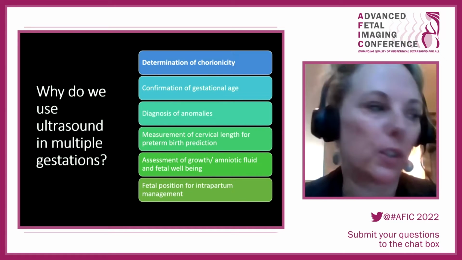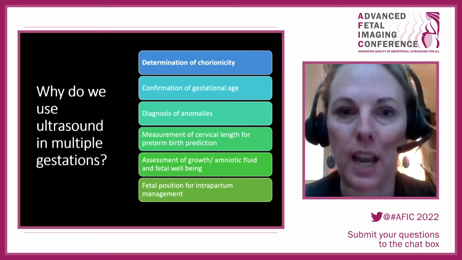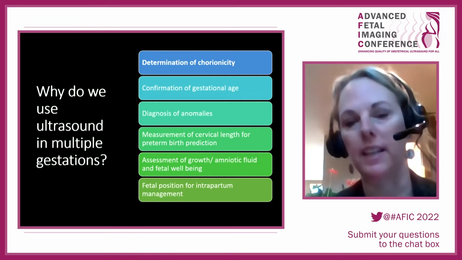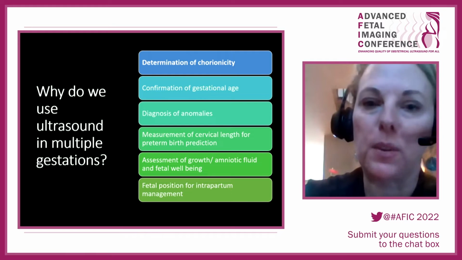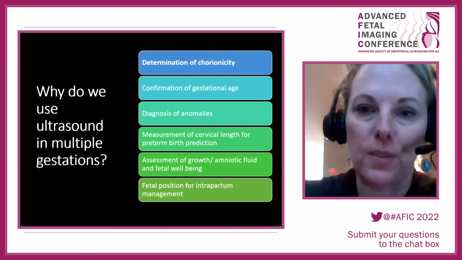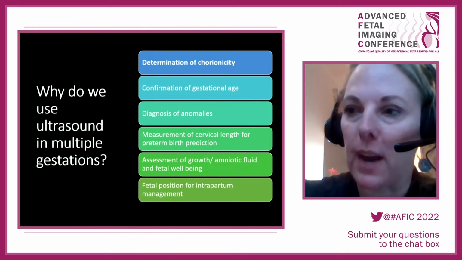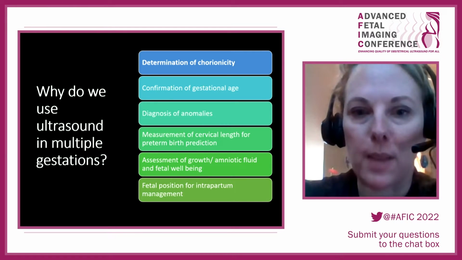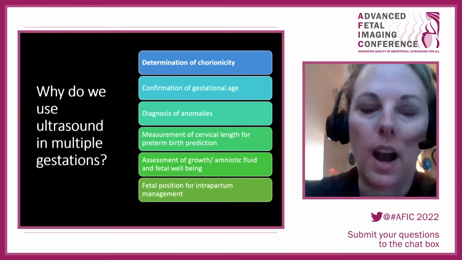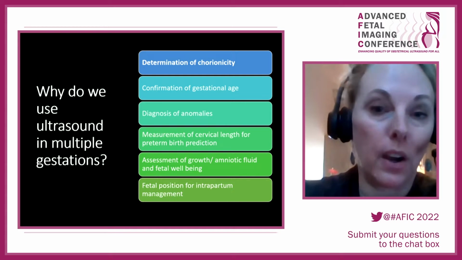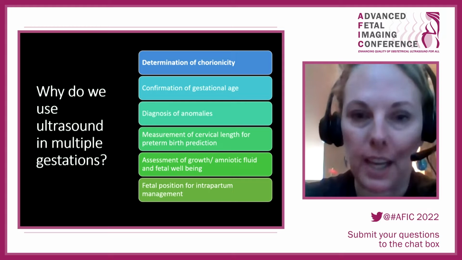But why do we use ultrasound in multiple gestations? There's a couple of reasons, and I've bolded the top one: determination of chorionicity. This was alluded to in Dr. Chandra's talk, but we're going to be focusing a lot on that. Confirmation of gestational age: we know that first trimester ultrasound with greater than 10 millimeter CRL in Canada is considered the standard of care for determining gestational age.